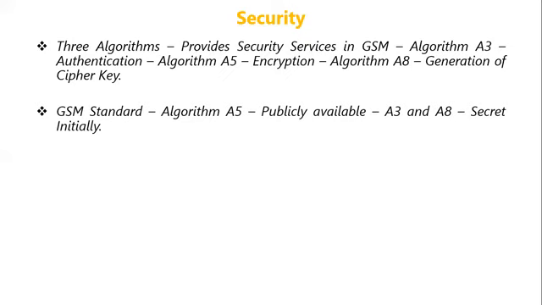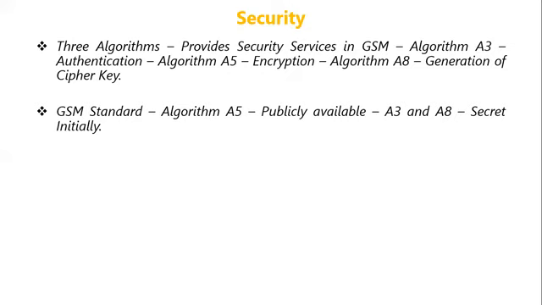For providing these three services, GSM uses three algorithms. There is an algorithm called A3, which is used for authentication. There is another algorithm called A5, which is used for encryption. And there is another algorithm called A8, which is used for generation of the cipher key.